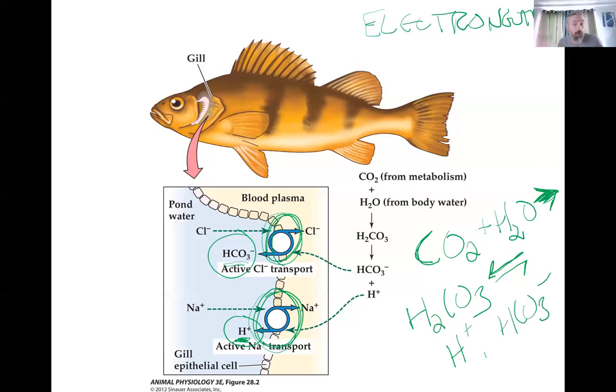So this is stuff we've got to get rid of, right? So we're doing two things. We're getting rid of metabolic waste products, and we're also using that exchange reaction to bring in some of these ions that we needed from before.